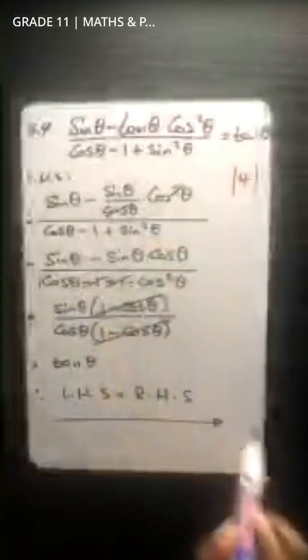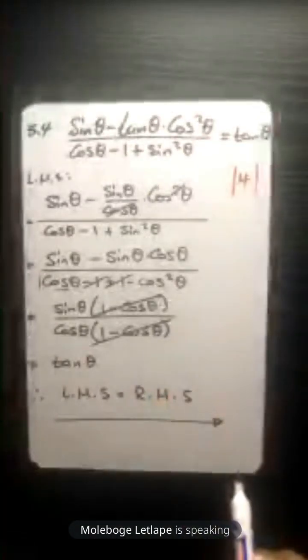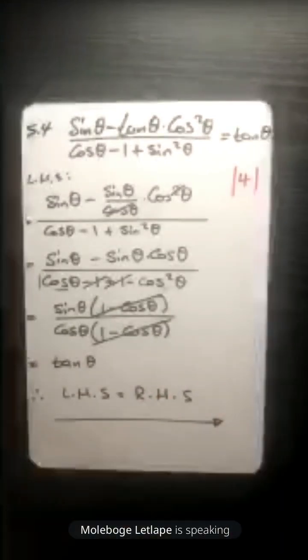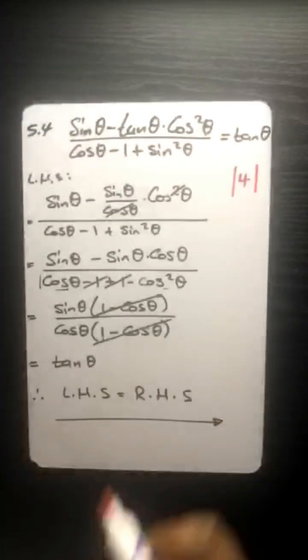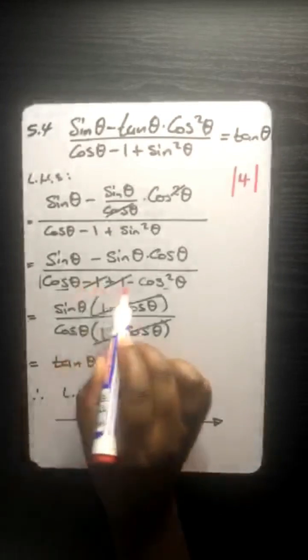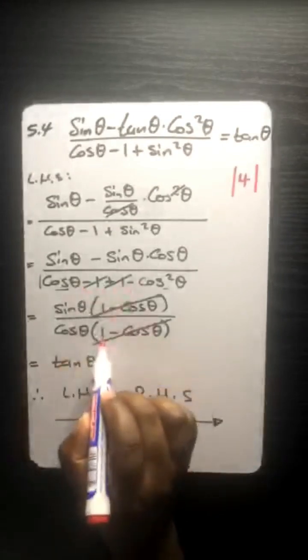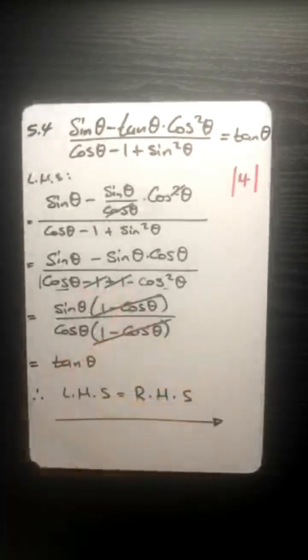Yes, now I get your point. Because now we are having ones there, and we still have another one there. Yeah, I think I get your point on that one.